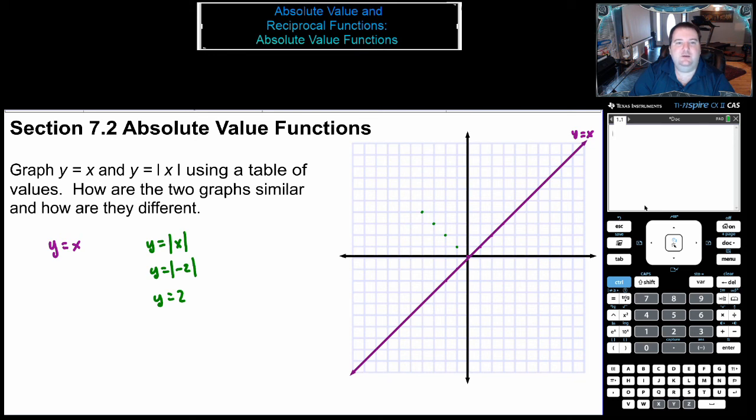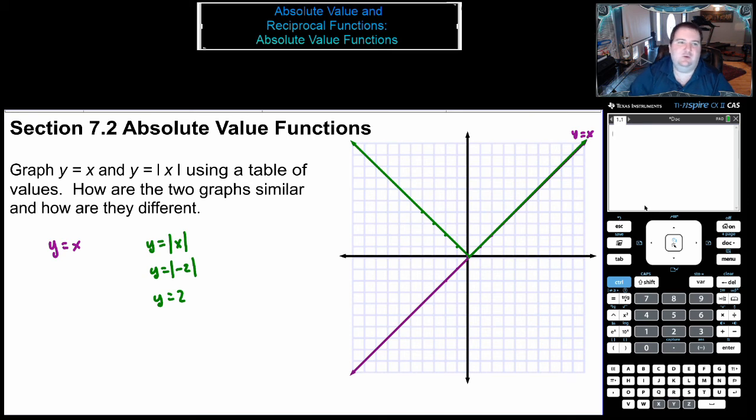So let's go ahead and graph this one. We start at the origin, and it goes all the way up to this corner, going through those points. And then what does this side look like? Well, it looks exactly like y equals x. They're identical from 0 to positive infinity as x values.